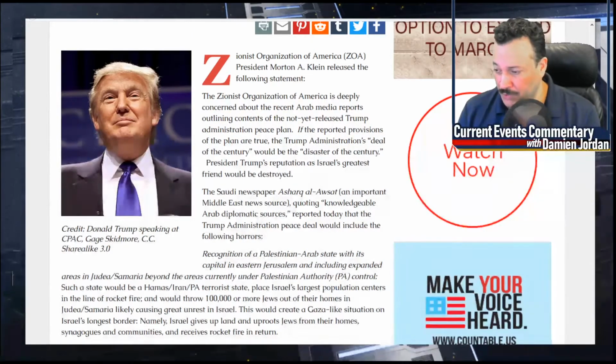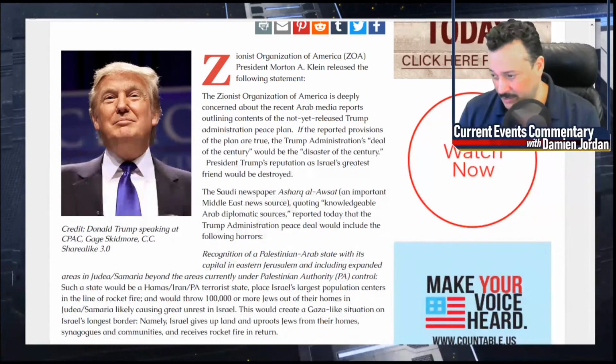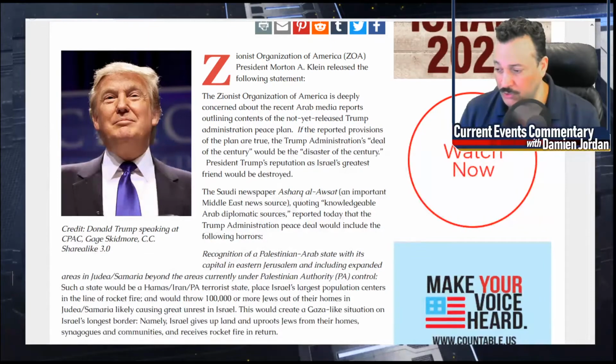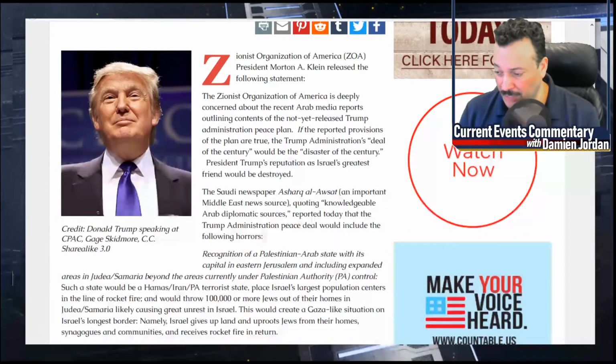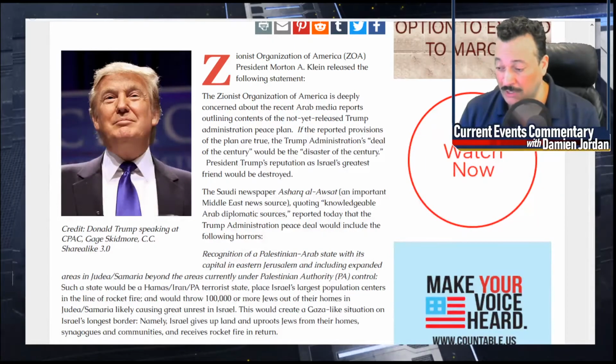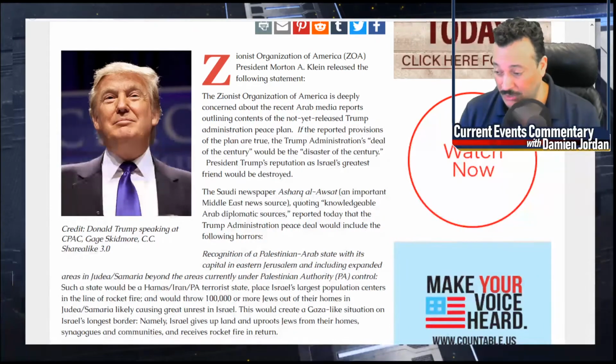The Saudi newspaper, Asharq al-Awsat, an important Middle East news source, quoting knowledgeable Arab diplomatic sources, reported today that the Trump administration peace deal would include the following horrors: recognition of a Palestinian Arab state with its capital in eastern Jerusalem and including expanded areas in Judea, Samaria, beyond the areas currently under Palestinian Authority control.